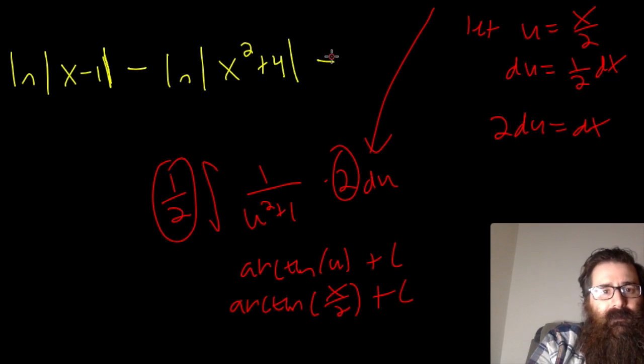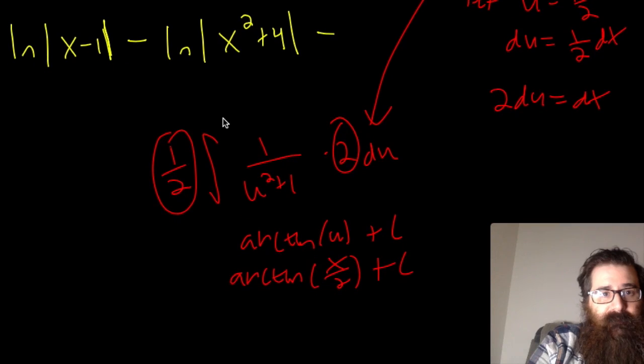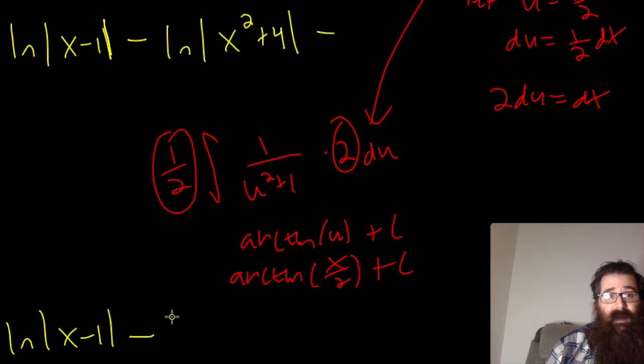And I kind of ran out of room with what I was writing, so let me rewrite what I already have. But from the first piece, we had 2 times natural log absolute value of x minus 1. In the middle piece, we did a u sub, a classic one, to get minus natural log absolute value of x squared plus 4.